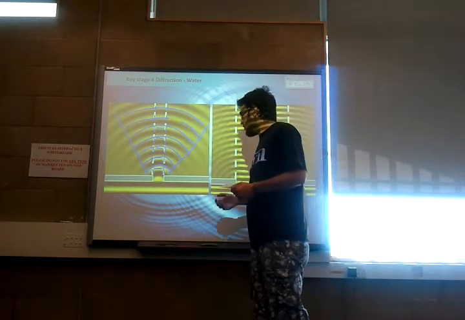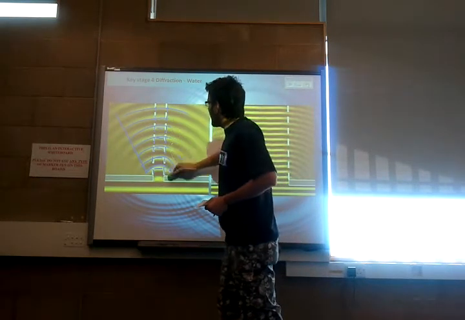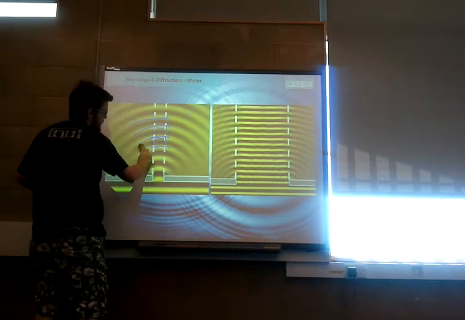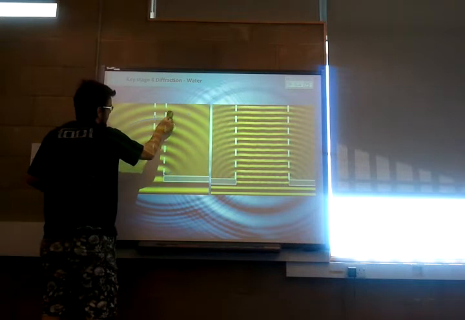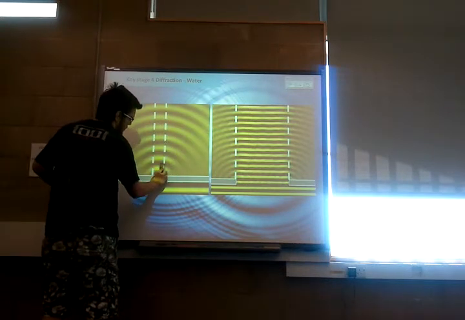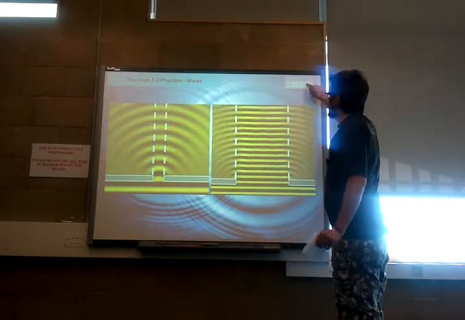So that's water waves, the spreading of the waves as it goes through a barrier. So as I attempt to rub away all of the mess I've written all over there, yeah, that's the diffraction of water waves.